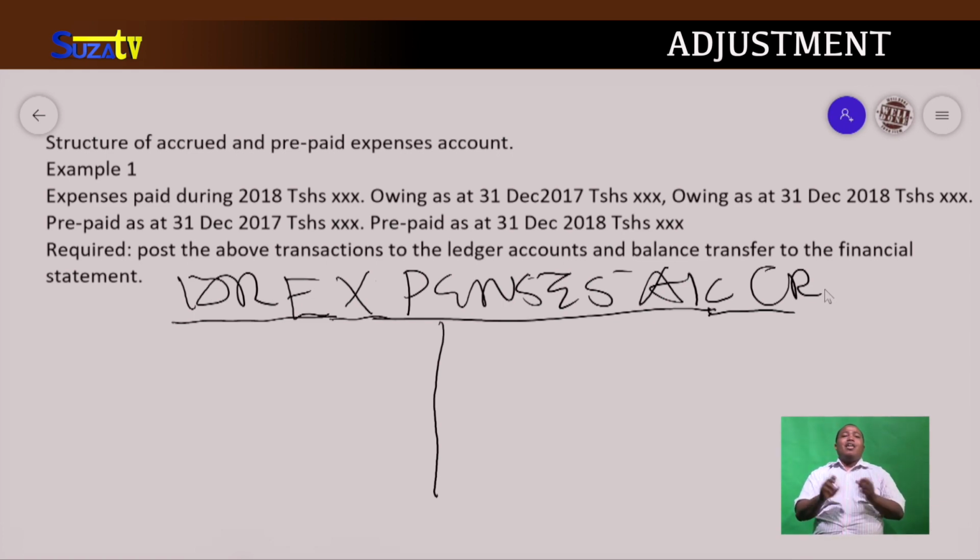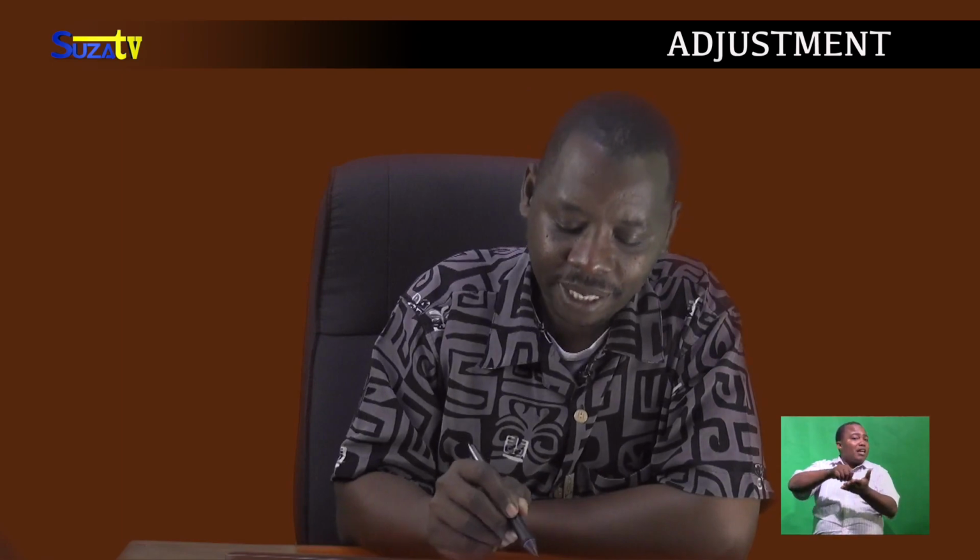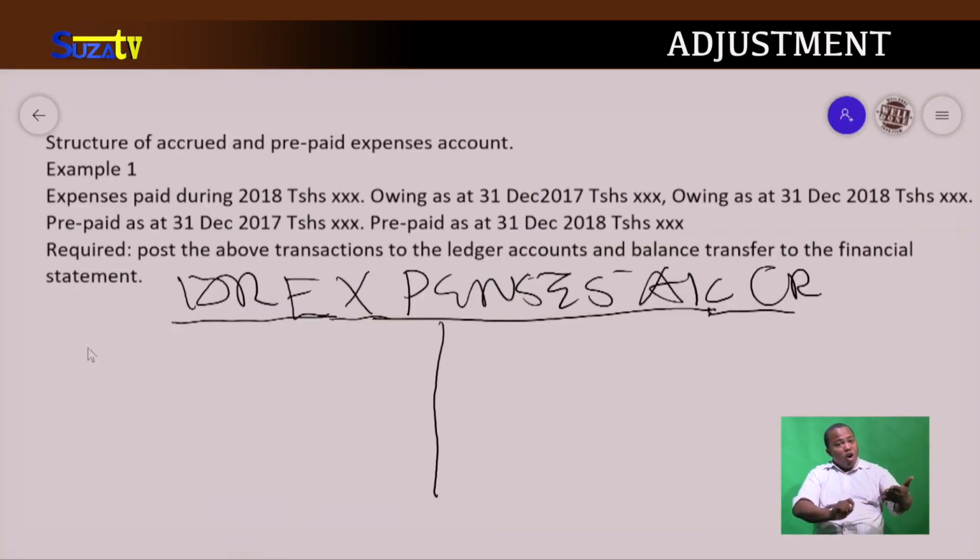Okay, the expenses paid during the year. This means the cash amount paid for the service used by the customer. Record on a debit side by saying cash shillings X. Owing as at 31st December 2017.